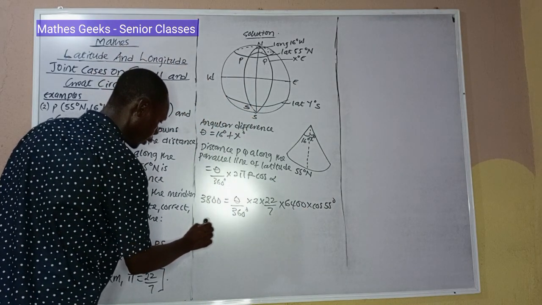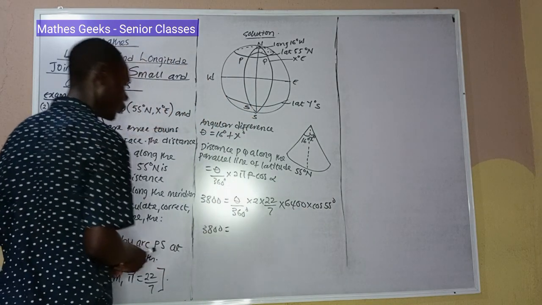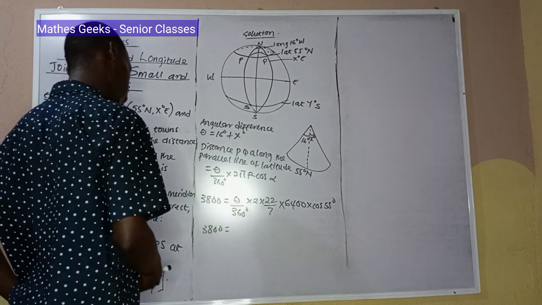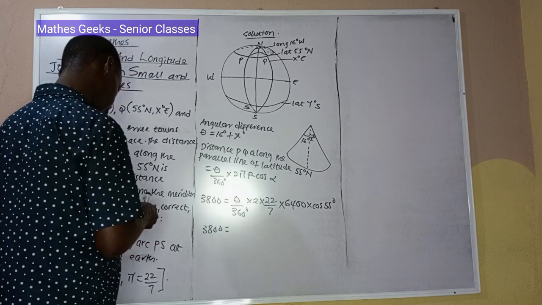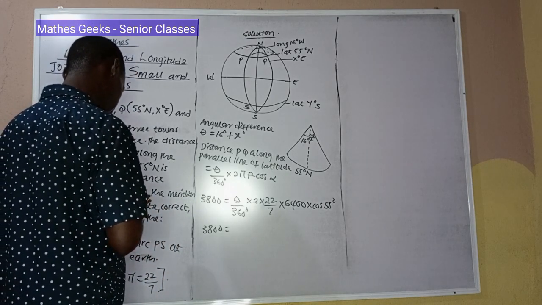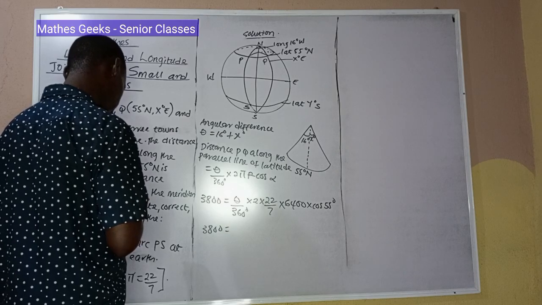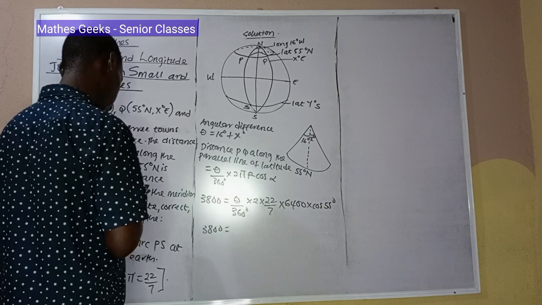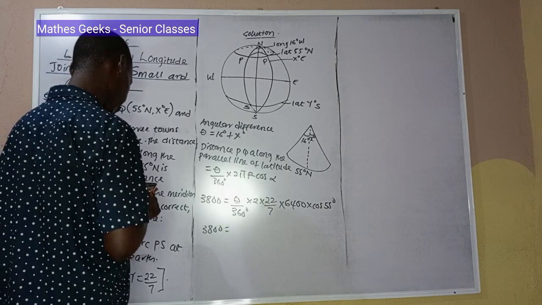So 3,800 is equal to 2 times 22 times 6,400 times cos 55.